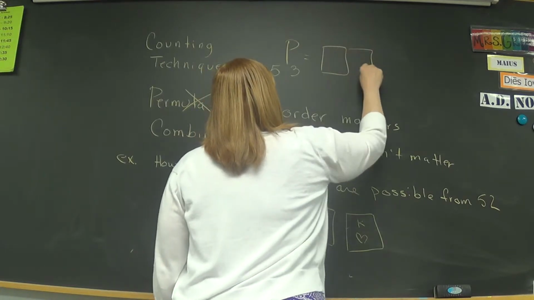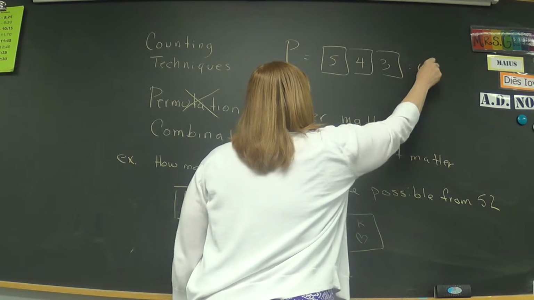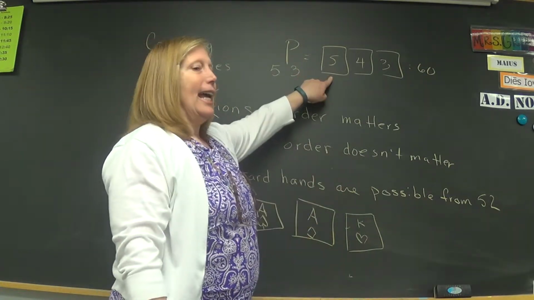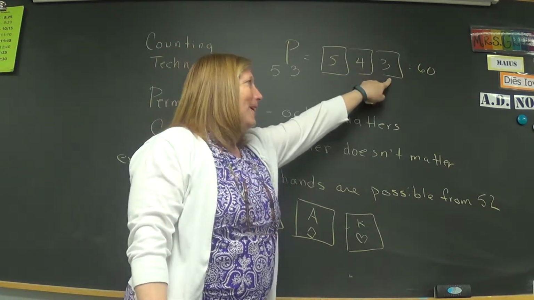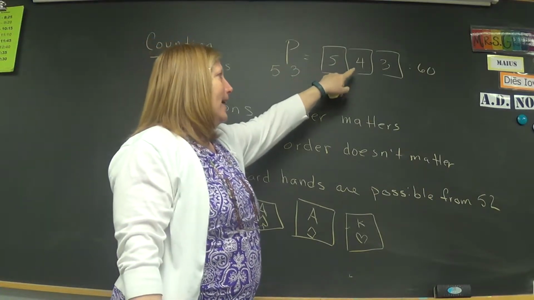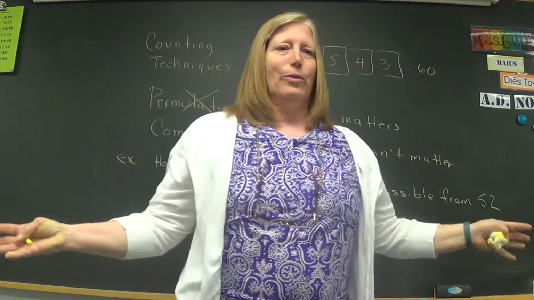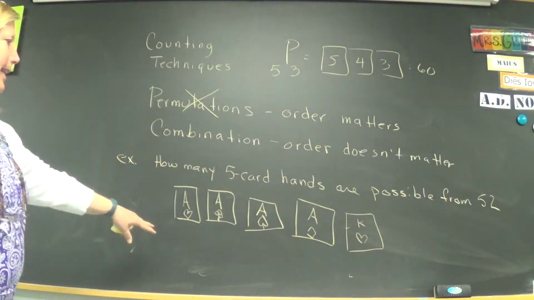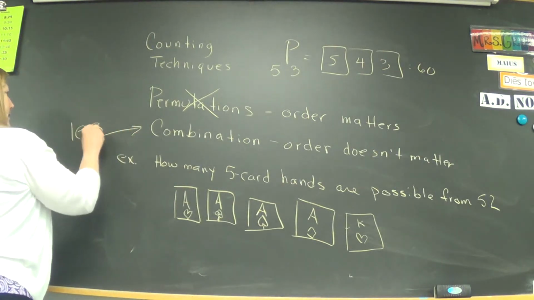I would have had 3 boxes, and I would have had 5, 4, 3. But remember, that is saying that the Abby-Allie-Bailey combination is different than the Abby-Bailey-Allie combination. So we don't recount those. They all become one possibility. So there's going to be a lot less combinations.